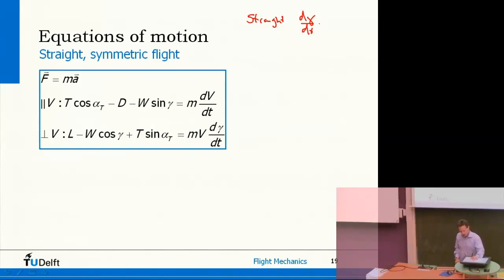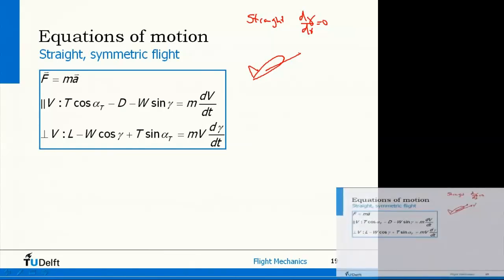If you look at an aircraft and it's climbing, then you can say, well, the thrust vector is more or less in the same direction as the airspeed. That's an assumption, but it just makes your life a bit easier. So I'm going to say that this angle alpha t is about 0, which means this thing becomes 1, this becomes 0.